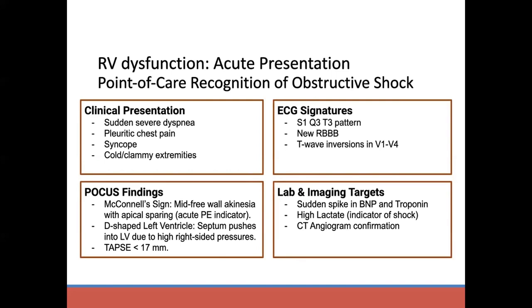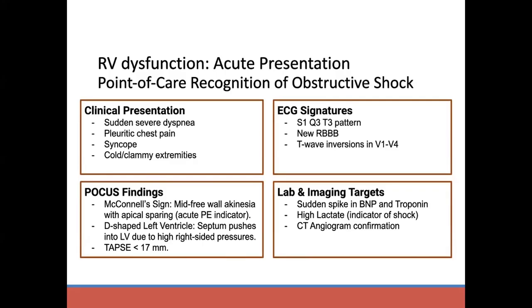They can present with shortness of breath, dyspnea, chest pain, signs of forward failure, syncope, and shock. If you do simple tests like an ECG, you can sometimes appreciate the S1Q3T3 pattern, new onset right bundle branch block, and T wave changes.